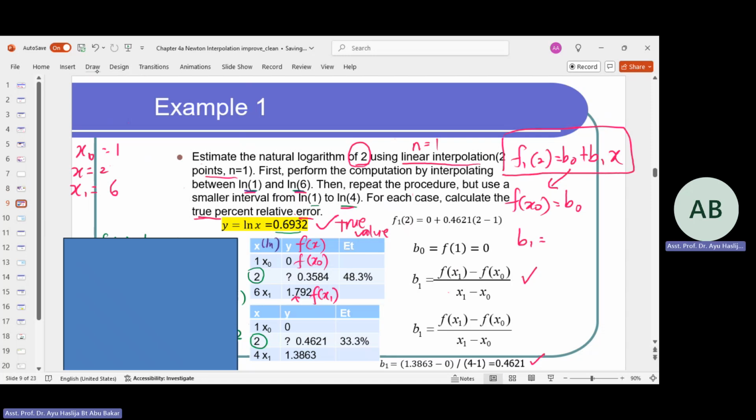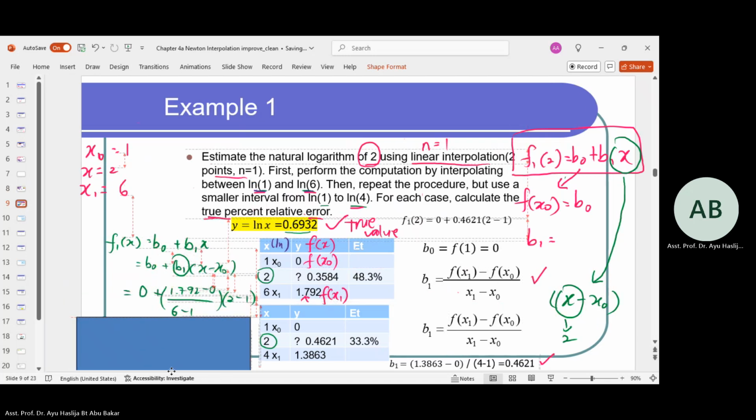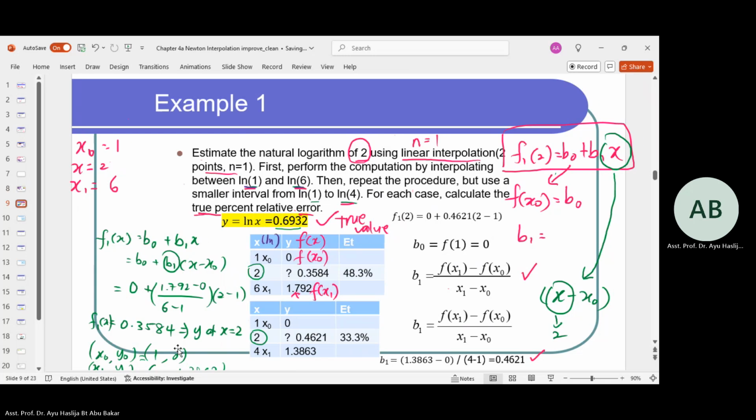I want to highlight the X over here. Once you sub your B1, this part will be X minus X naught. X is your given value, which is 2. X naught is your previous value. So sub into the equation.